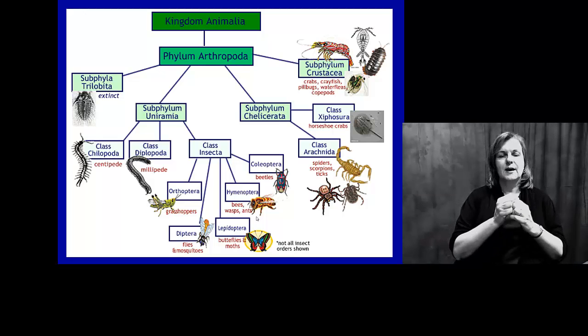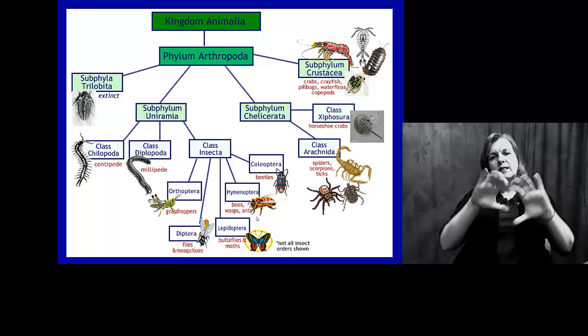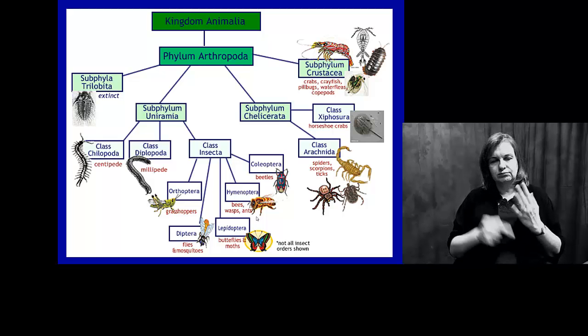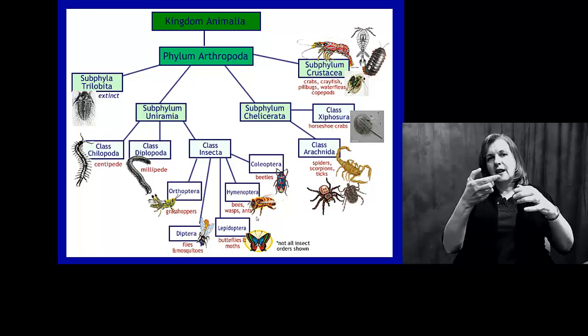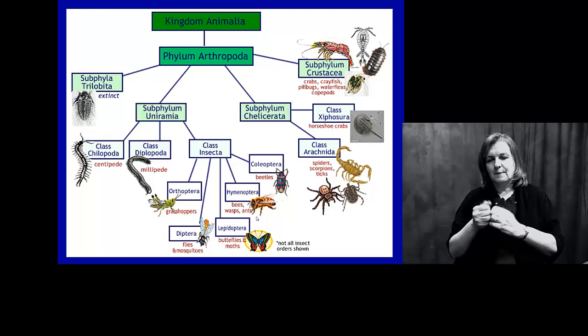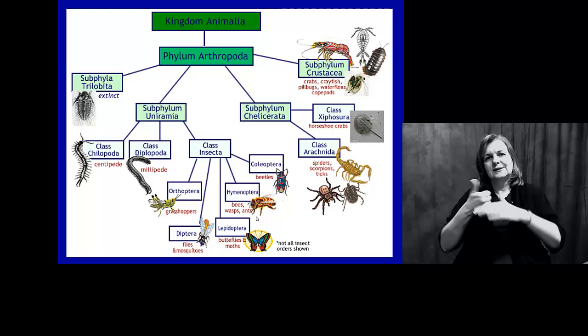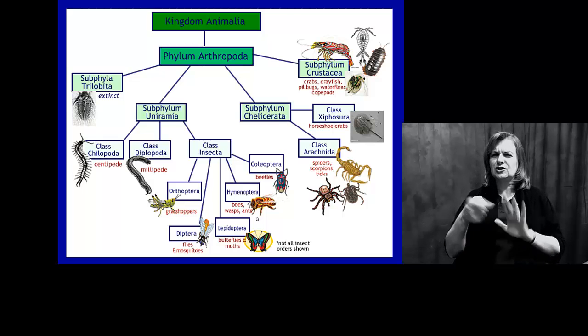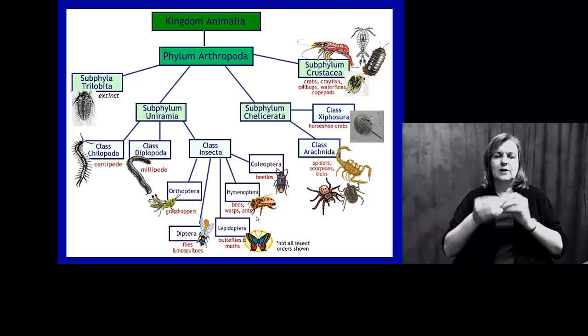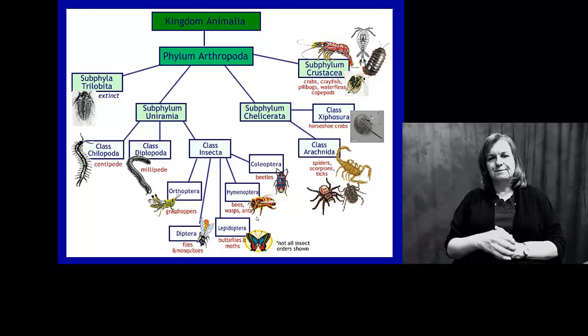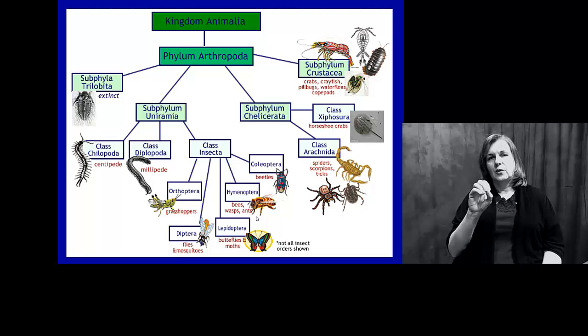When we look at Phylum Arthropoda, we have huge diversity. Now, in other phyla, we've talked about kingdom, phylum, class, order, family, genus, species. But as you see from my diagram here, we actually go from kingdom to phylum to subphylum before we get to classes, and then they actually have many subclasses in arthropods.